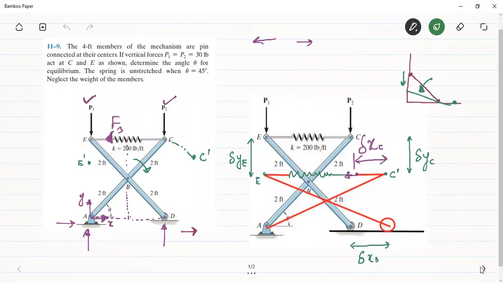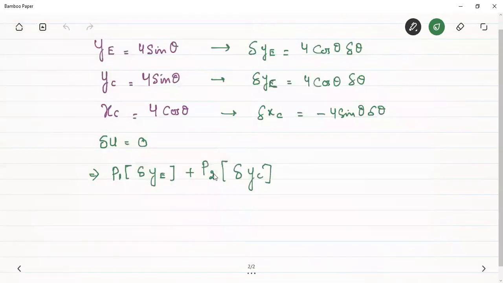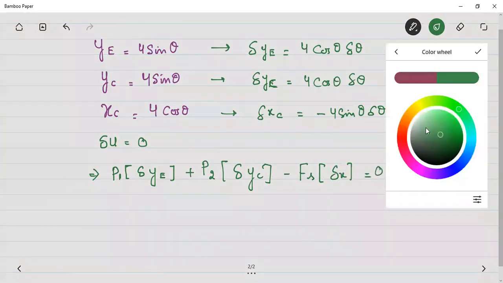Obviously it will be negative because two works are positive, and the net virtual work will only be zero when one term is definitely negative. So this is the spring force, and the virtual displacement is delta xC. Therefore, this has to be 0.